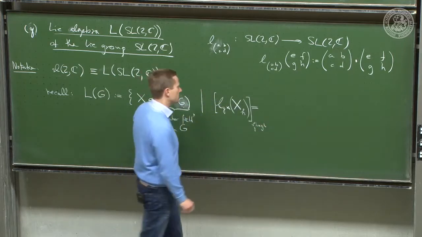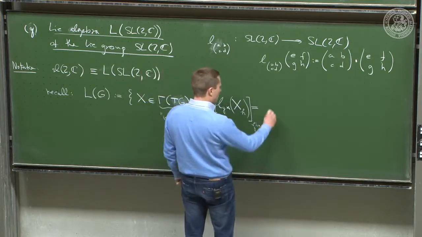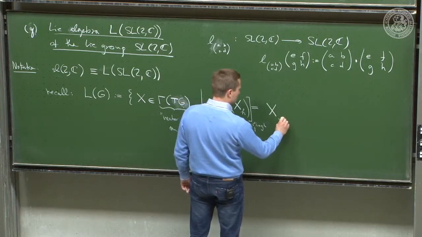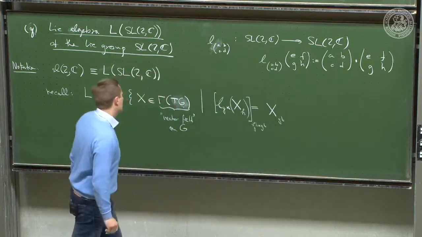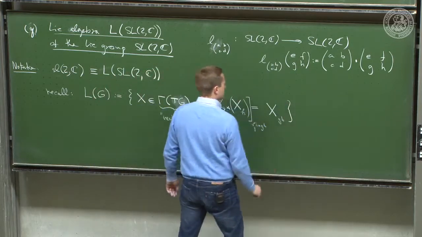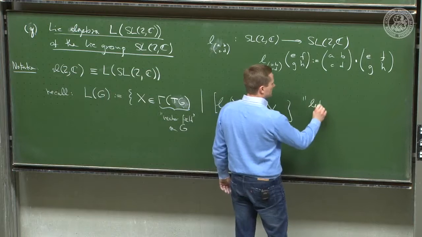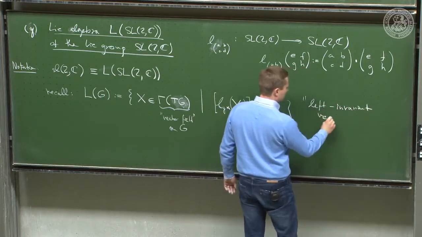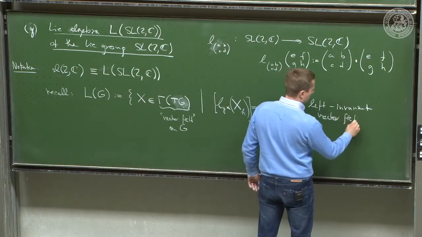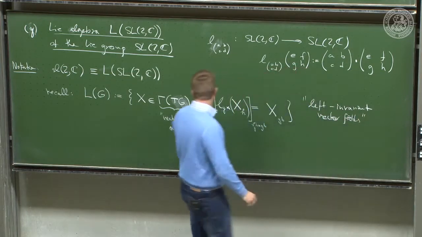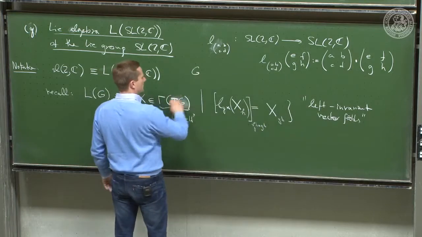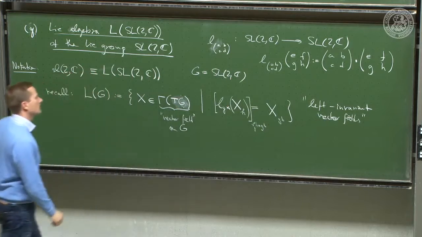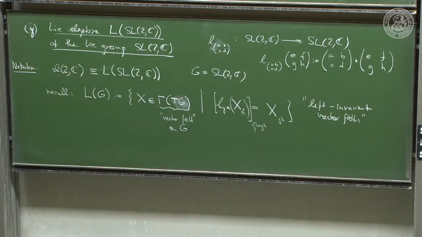It's the group operation in between. And you can require that this is what the vector field at that point already was, X_gh, and that's the set of left invariant vector fields. Obviously wherever I wrote G, this is in our case SL2C. That was the definition of this Lie algebra.